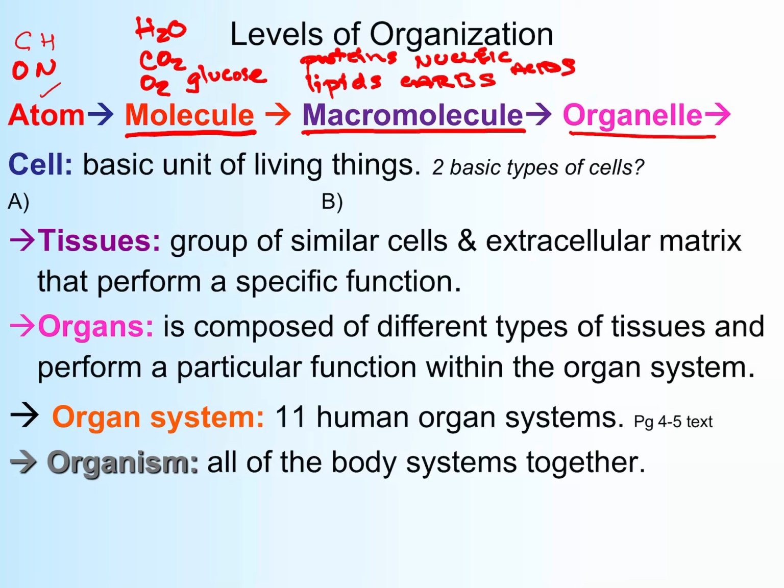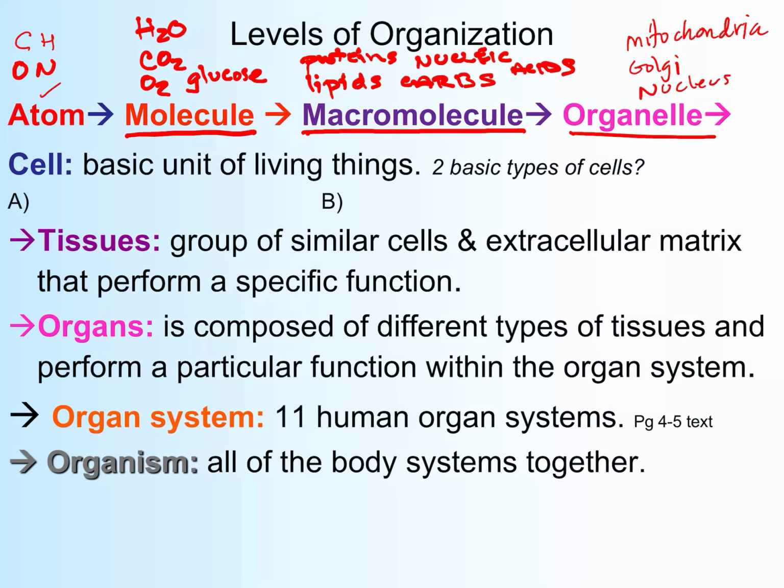They are sort of like nanofactories, individual, discrete factories that do a specific function for the cell. An example of an organelle could be the mitochondria. There's also the Golgi, and the nucleus is an organelle. All right, so those are your organelles.